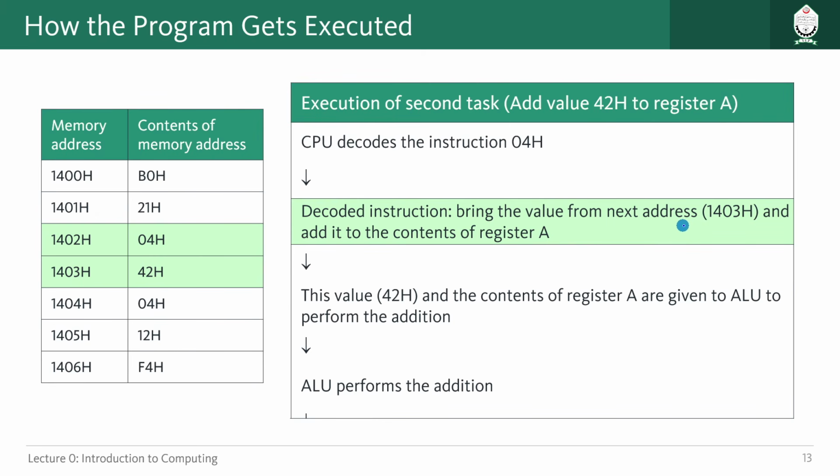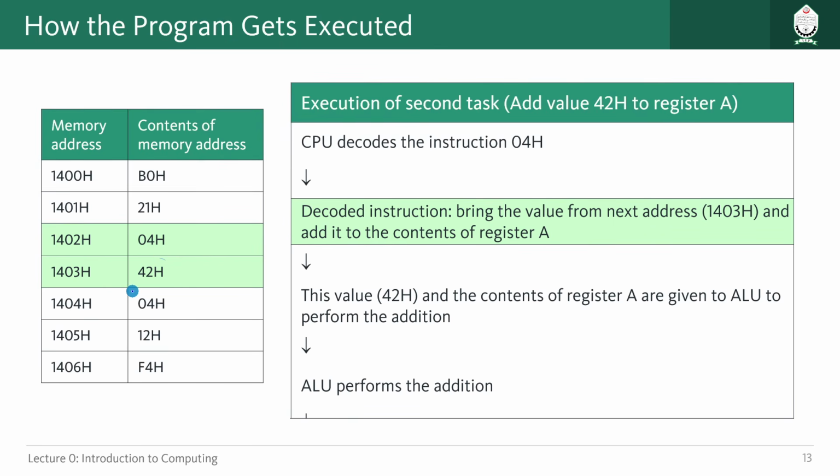So after that, whatever we have stored in the next address, which is 1403H, we first of all have to fetch using the same procedure we had. So address bus, then read signal, then through the data bus we will fetch the data, which is this one, right? 42H.